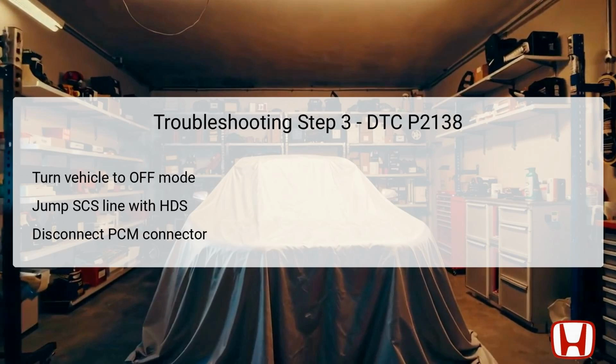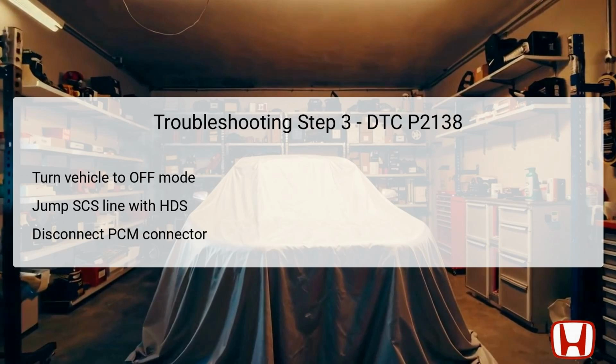After performing this step, disconnect the PCM connector A, which consists of 50 pins. To access specific test points for continuity testing, with the PCM connector now disconnected, check for continuity between test points number 32 and number 34.